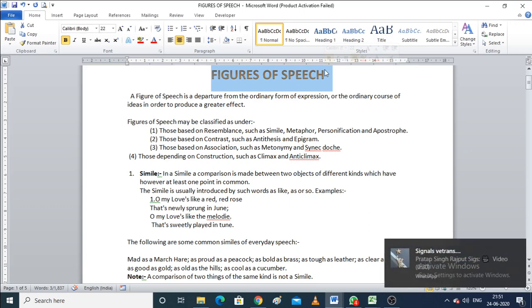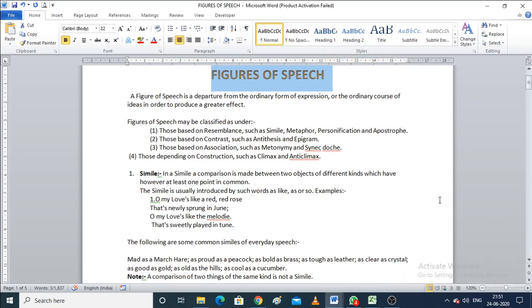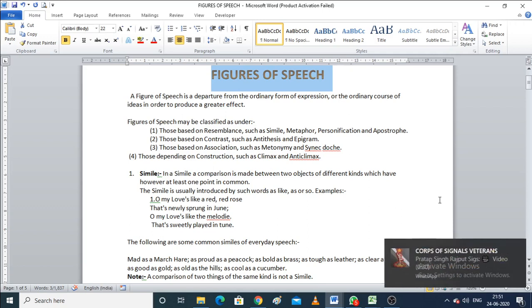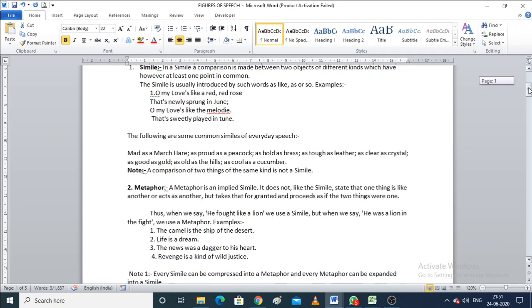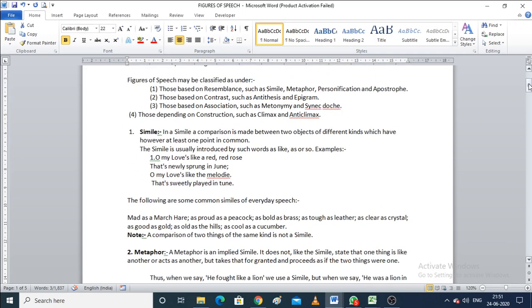Now, what are figure of speech? Figure of speech are few words or few lines or few phrases in a poem which are used in order to produce some greater effects. Now you will get to know what I am talking about actually.